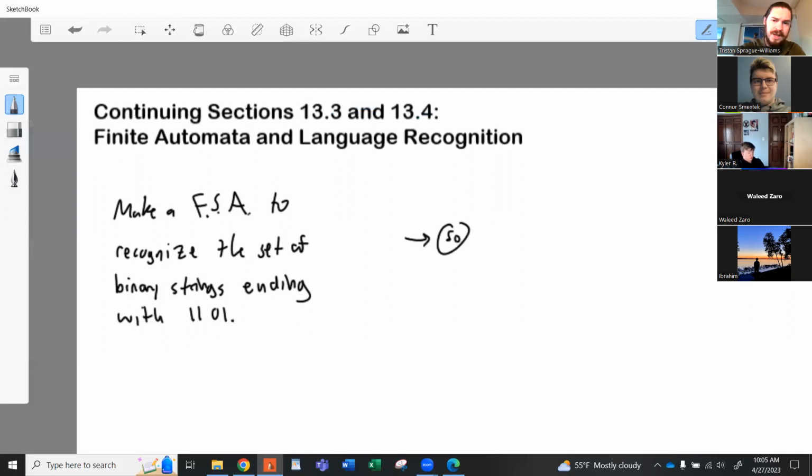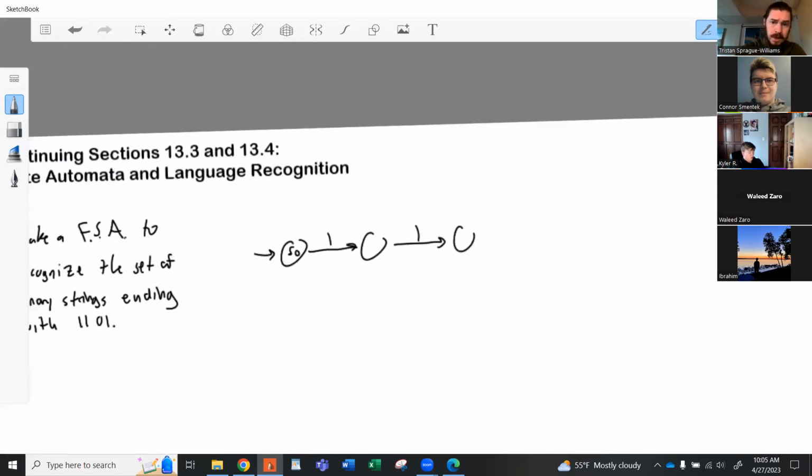Well, we're going to have an initial state, and we're going to be searching for the 1, 1, 0, 1. And if it ends with 1101, we're going to accept our string. So let's label these state 1, state 2, state 3, and state 4. If it ends with a 1101, accept it.